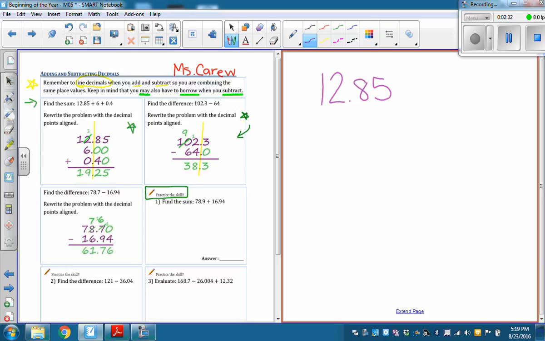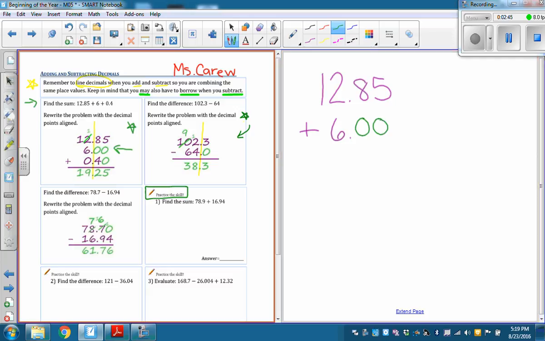So 12.85 plus 6, and since we need to line the decimals up, we're going to call that 6.0. So we are putting placeholders in. And that's why you see the green here. The purple's copying the problem, the green is what you would do to help you solve the problem.